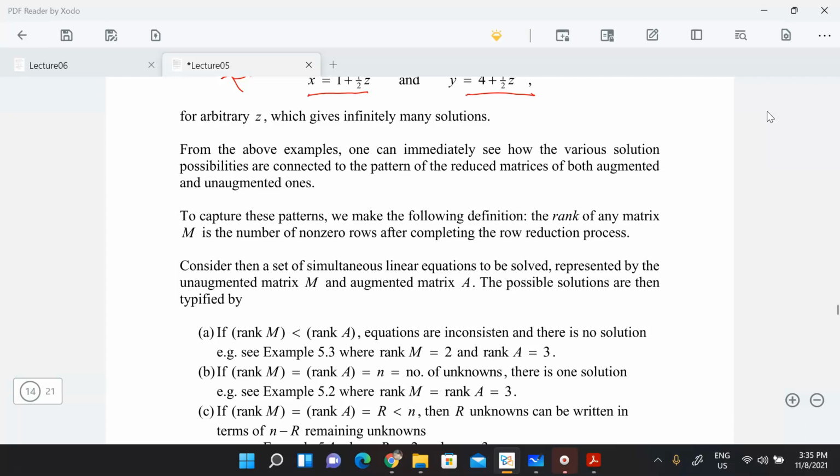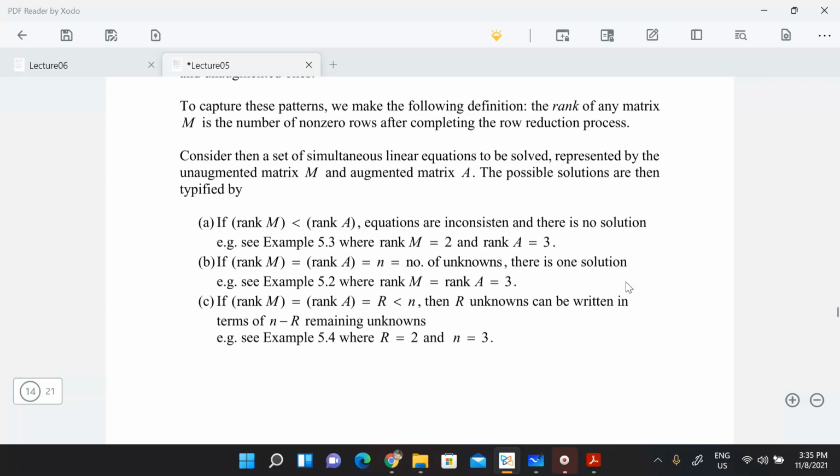The rank is the number of non-zero rows after doing the row reduction process. If some of the rows are all zeros, then the remaining rows will be the rank of the matrix. So one can look at both the rank of this matrix M and the augmented matrix A.